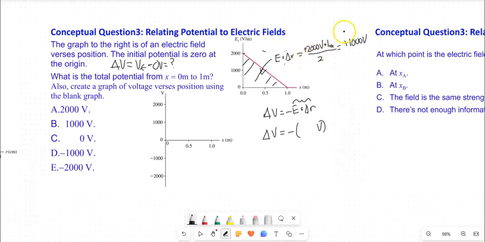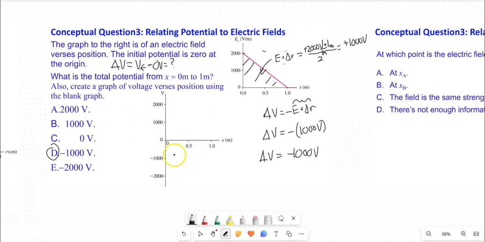I'm so sorry, positive 1,000 volts, because this is 2,000 volts per meter times 1 meter, divided by 2. Okay, so I'm going to just put 1,000 volts right here. So the total change in voltage is negative 1,000 volts. So our final voltage is going to be negative 1,000 volts.